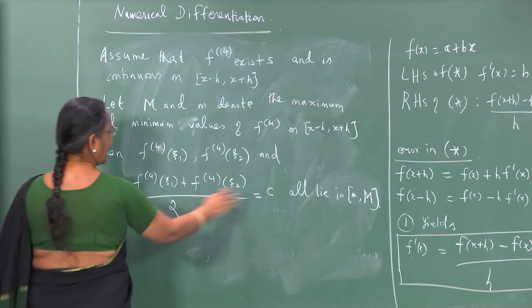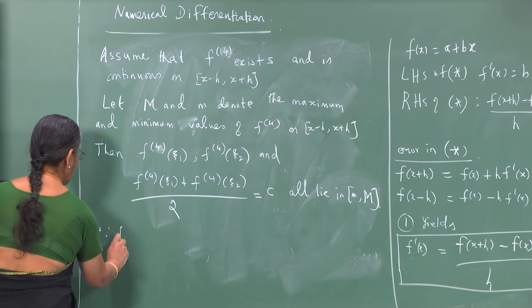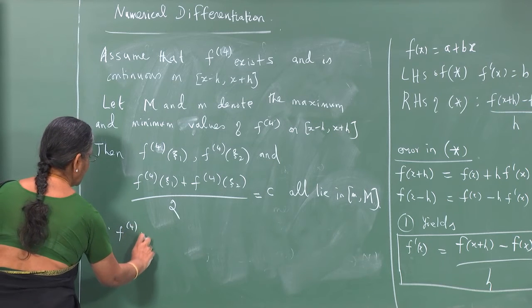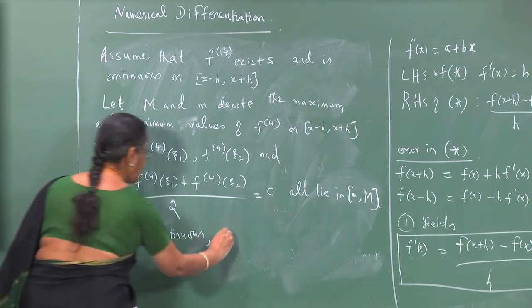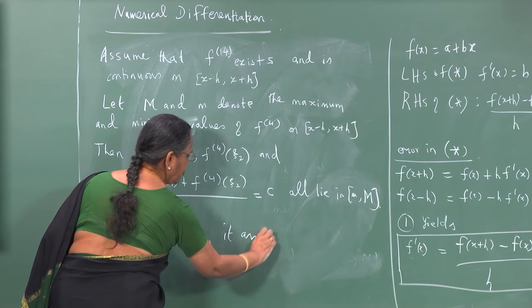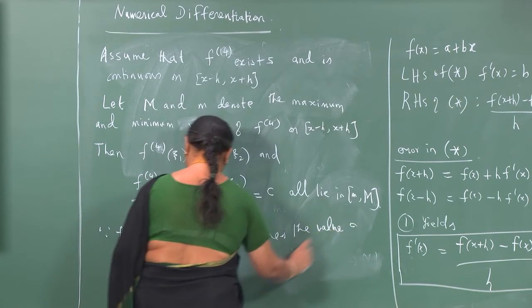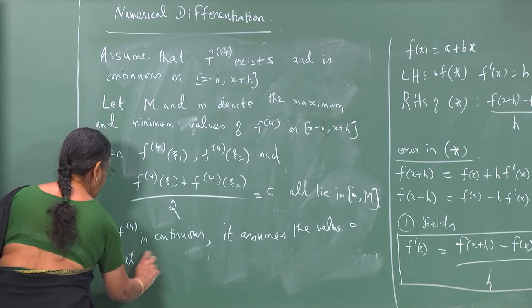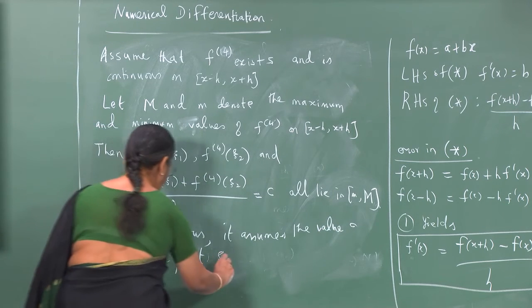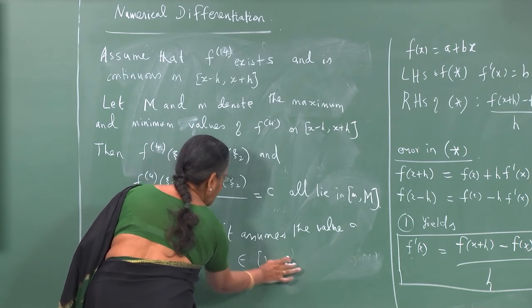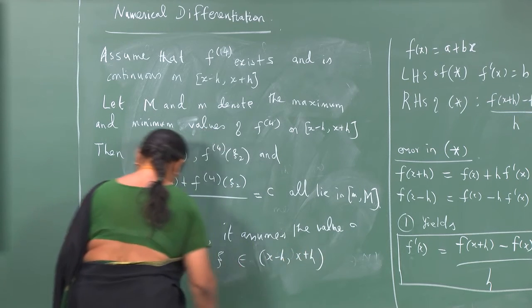Since this fourth derivative is continuous, it assumes the value c at some point, say psi, which lies in the interval x minus h to x plus h.